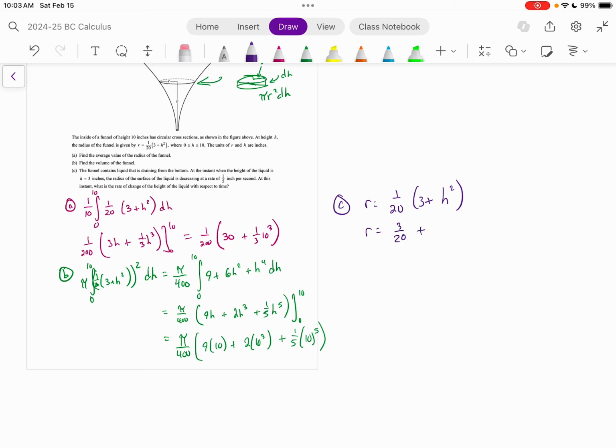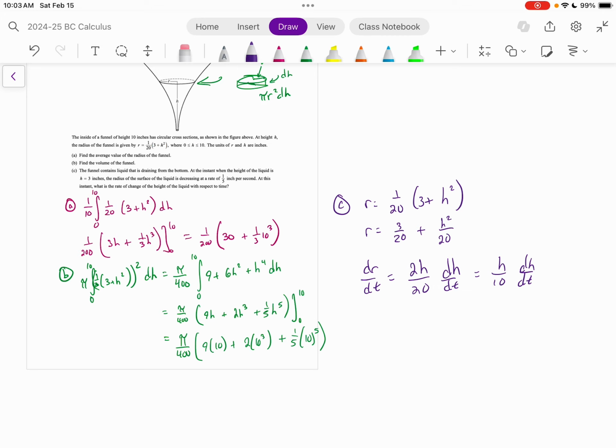So that's just going to go away. Okay. And we're just going to take a derivative, right, with respect to t. So that gives us dr dt equals 2h over 20 dh dt, or h over 10 dh dt.